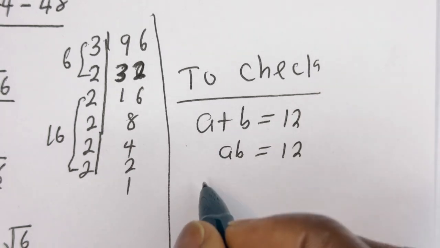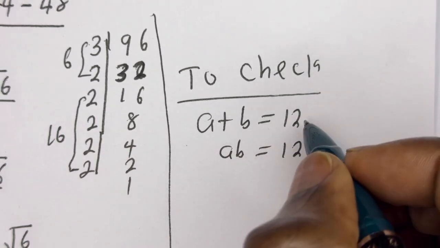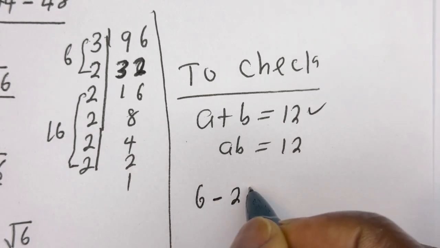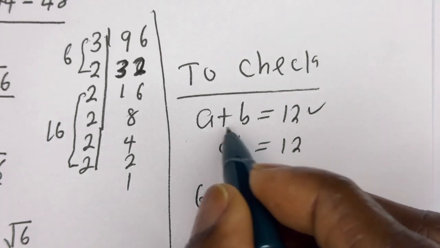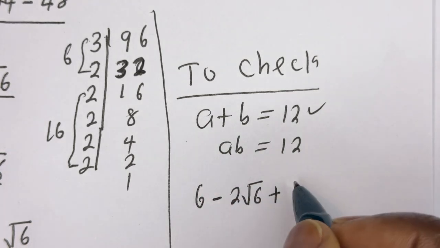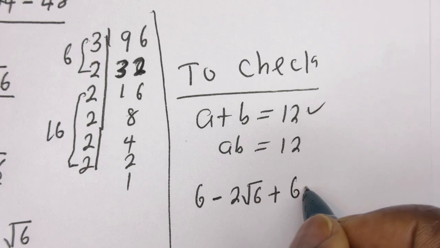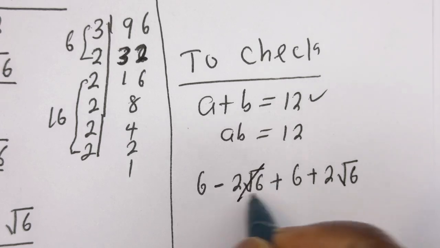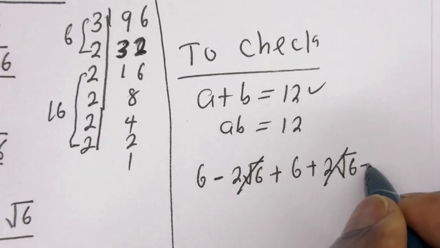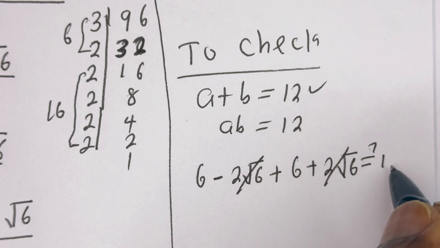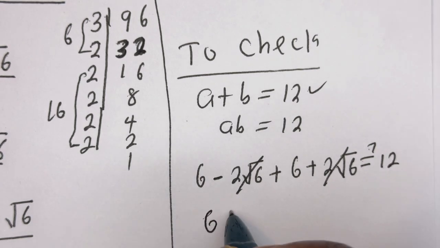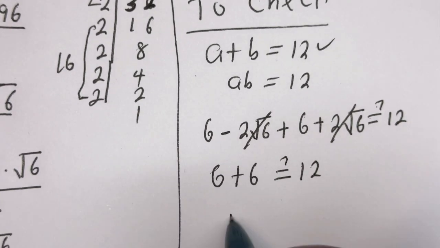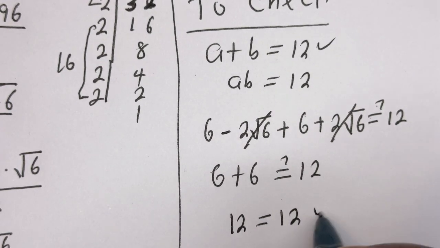Then a1 is 6 minus 2 root 6, plus b1 is 6 plus 2 root 6. This will cancel this. This must be equal to 12. That is 6 plus 6 is 12, which is true.